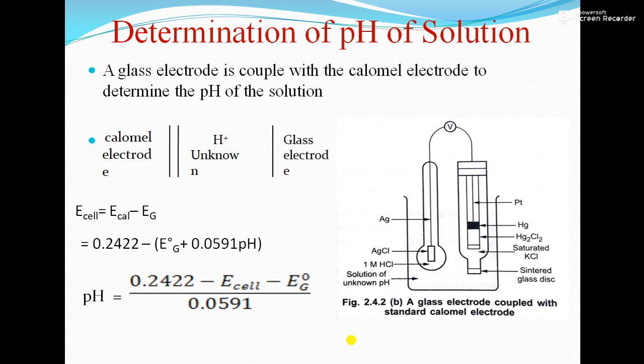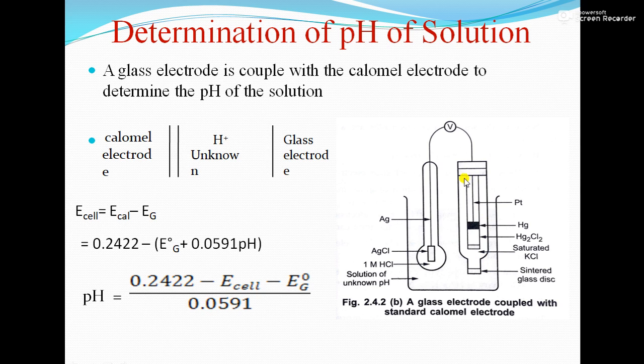Next is determination of pH of the solution. For the determination of pH of a solution, we require two electrodes. One is the reference electrode and the other is the glass electrode, as you can see in the diagram. This is the calomel electrode, which is acting as the reference electrode, which we have seen earlier, and this is the glass electrode, which is acting as the indicator electrode.